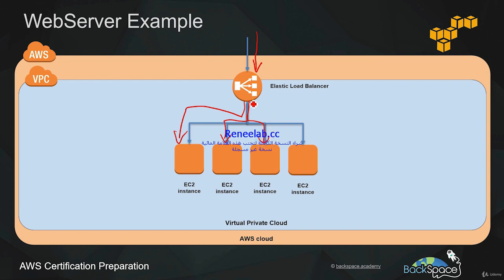And if one of those EC2 instances becomes unhealthy, it will fail a health check with the elastic load balancer, and then the elastic load balancer will no longer send traffic to that unhealthy EC2 instance. But what happens if that demand is only for a short period of time, for example, half an hour? What do we do then?